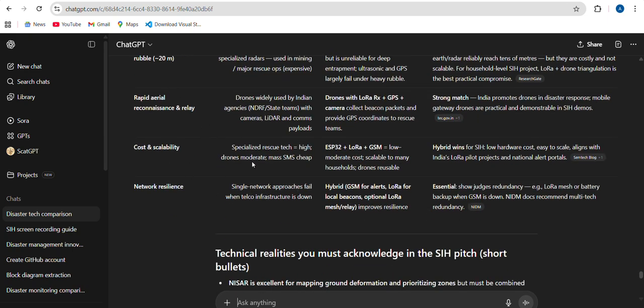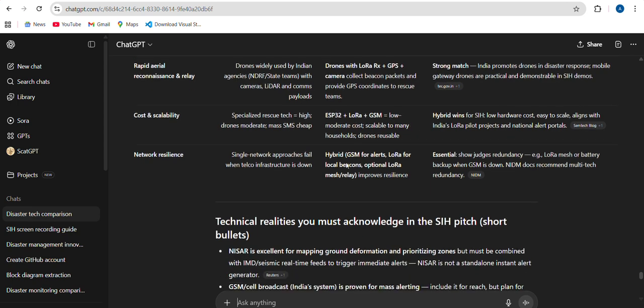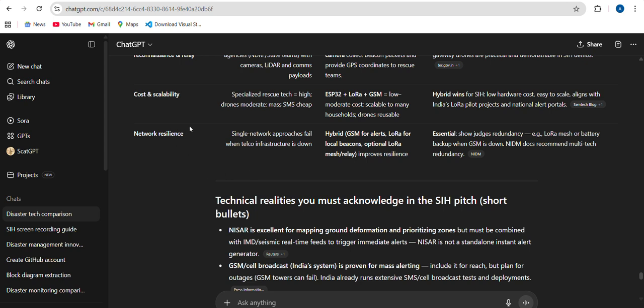Cost and scalability: specialized rescue tech is very high in cost. ESP32 plus LoRa plus GSM is low to moderate cost, scalable to many households, and drones are usable. Network resilience: single network approaches fail when telecommunication infrastructure is down.